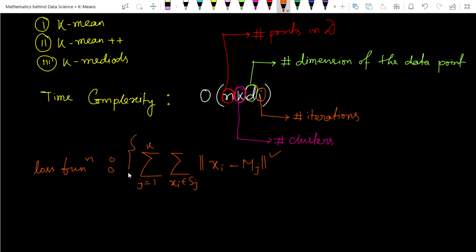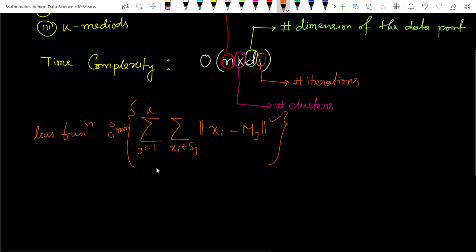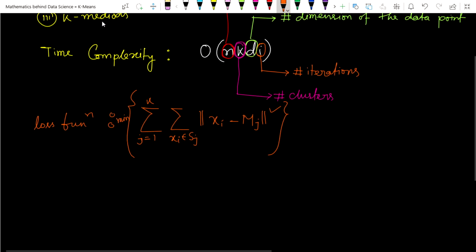We have to minimize this objective function. That's the simple job we have to do in the k-means algorithm.